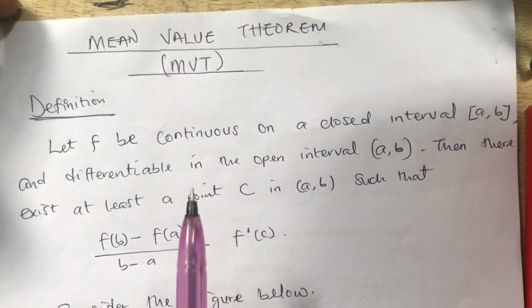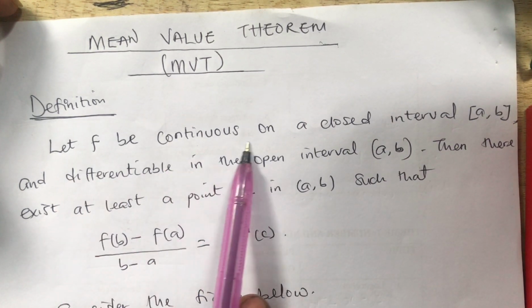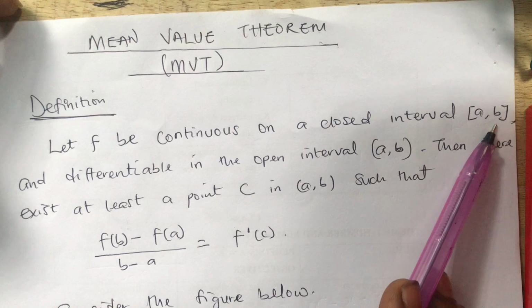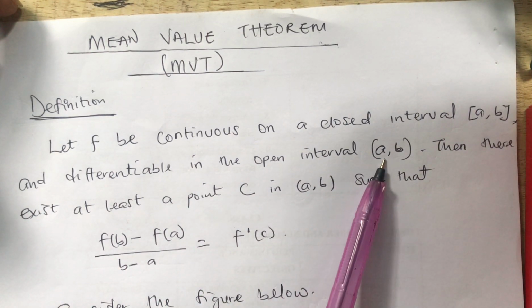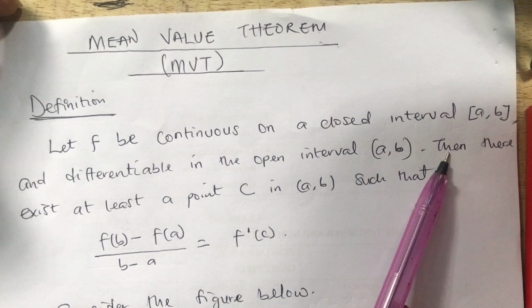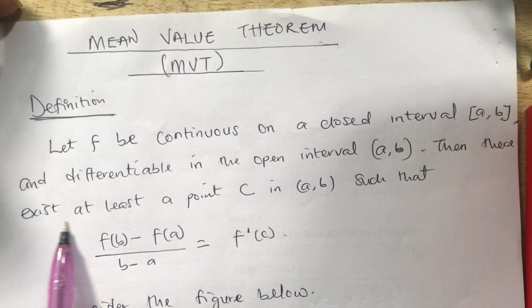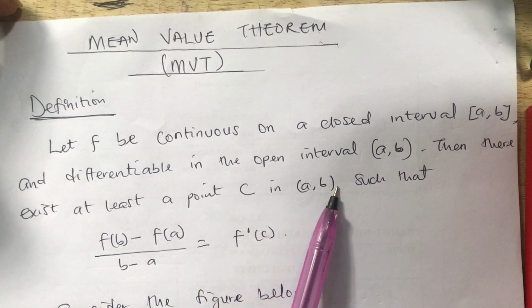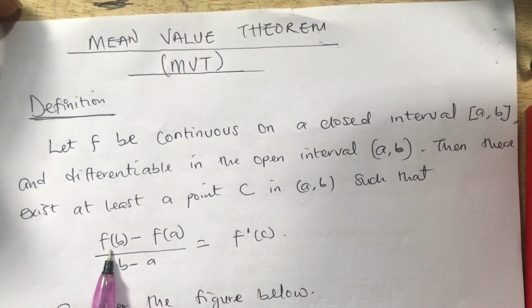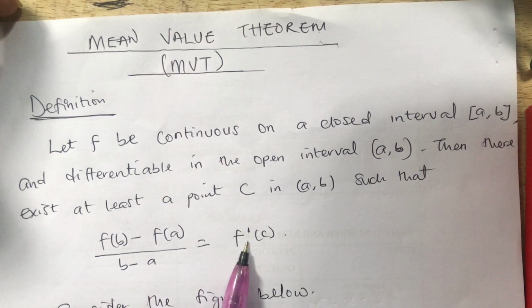Then there exists at least a point c in between a and b such that (f(b) minus f(a)) over (b minus a) equals f prime of c.